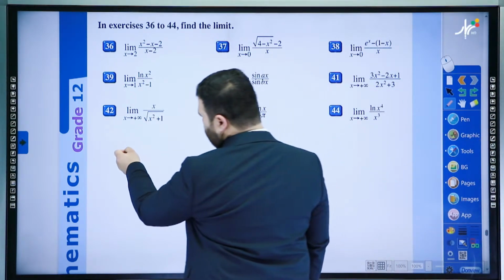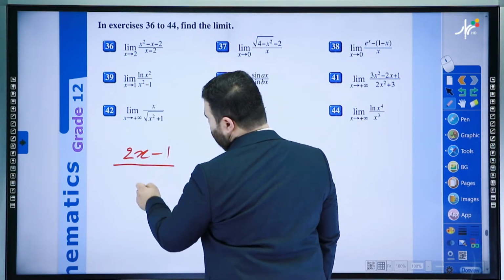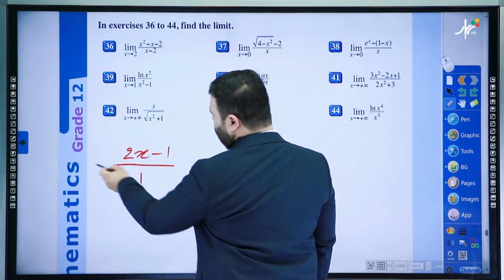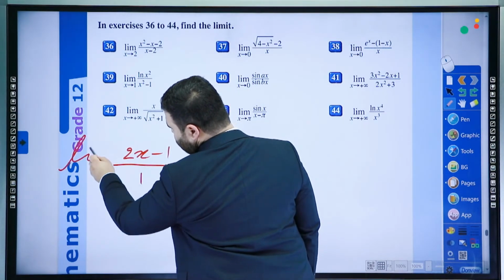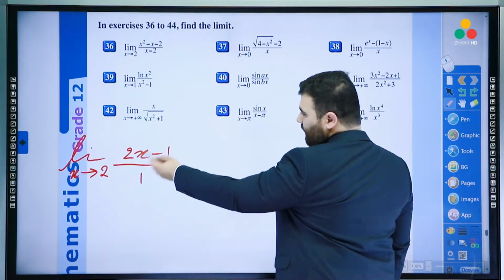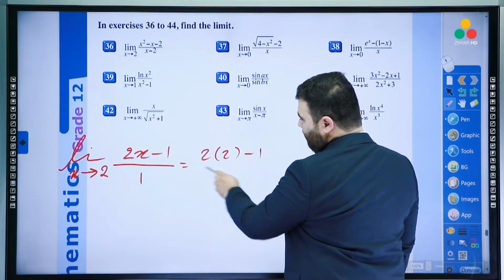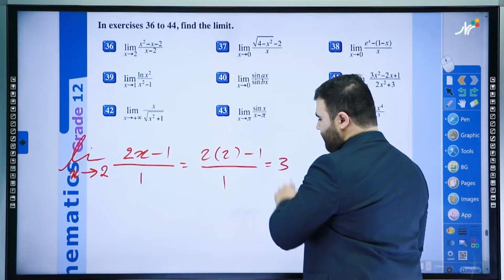Derivative of up is 2x minus 1. Derivative of down is 1. Now replace x with 2. Limit x tends to 2. It will be 2 times 2 minus 1. 2 times 2, 4. Minus 1, 3 over 1. The answer is 3.